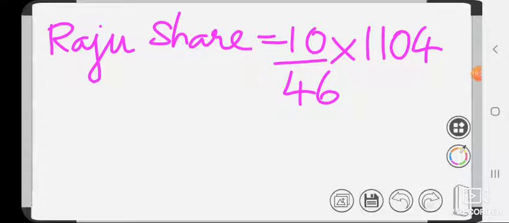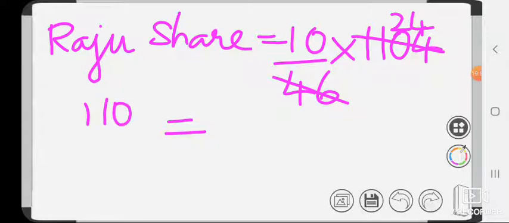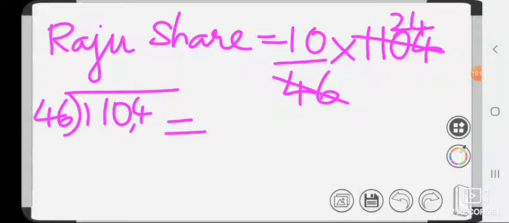What about the other person, Ramu's share? We will do it on the next page. First, we will find this first person's. 46 and 1104 we can cancel. When you cancel, we will get the answer as 24. Those who have doubt, you can do the division. 1104 divided by 46. 110, 2 times, that is 92.